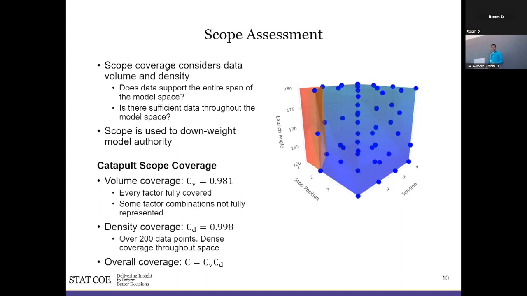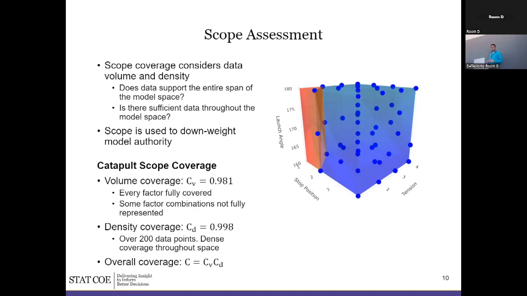You can see that as you go to our actual scoring, our volume coverage, 0.981, is the piece that's getting decremented because of that extrapolation risk, or that lack of volume. And we look at our density coverage, 0.998. Again, both these are on a 0 to 1 scale.